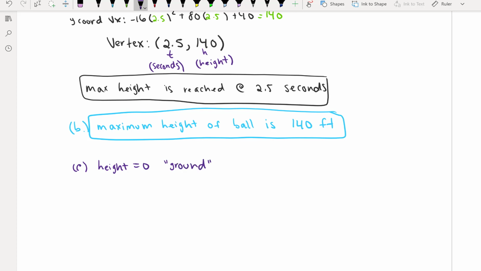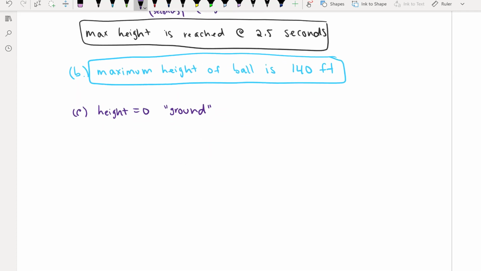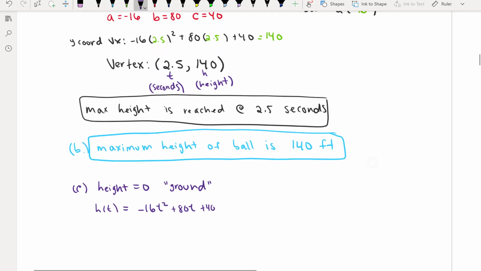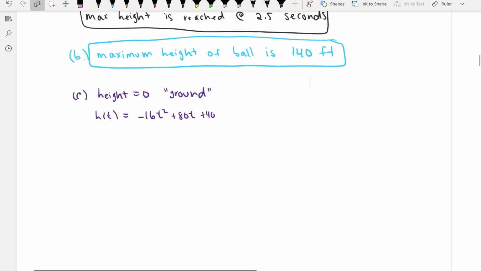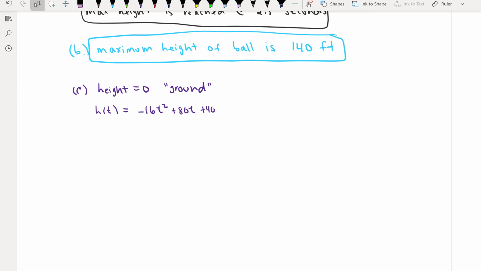Okay. And so I have my equation still. It was h of t is equal to negative 16t squared plus 80t plus, I think it was 40. Yep, plus 40. Now, with my height being 0, that's what I'm plugging in here, 0, okay? And I still have the same equation, negative 16t squared plus 80t plus 40.